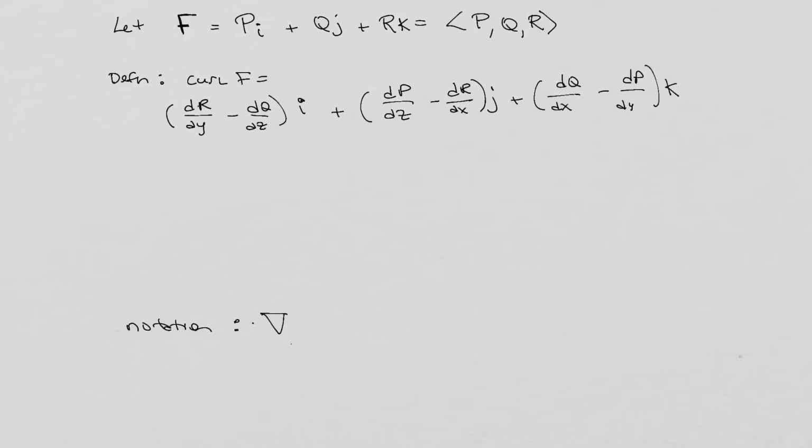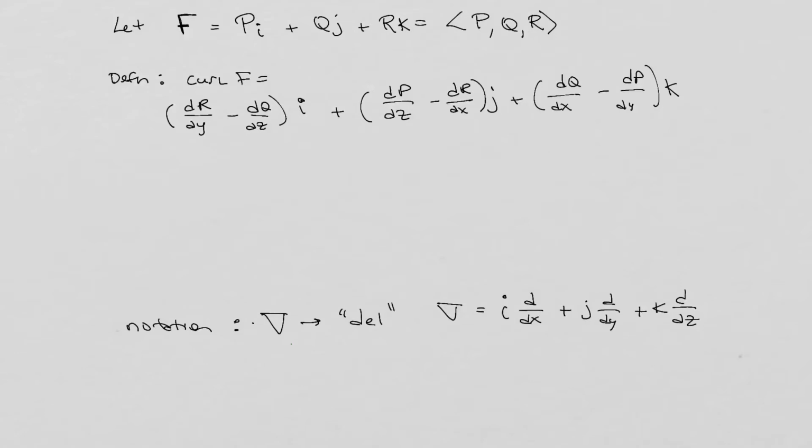This upside down triangle thing is called the del, and the way we're going to define the del is this: the first component with the partial with respect to x, the second component with the partial with respect to y, third component partial with respect to z.